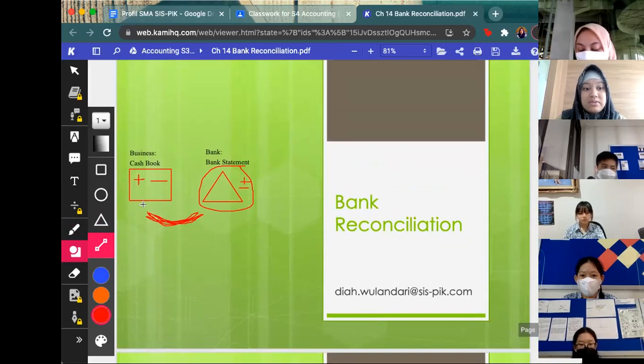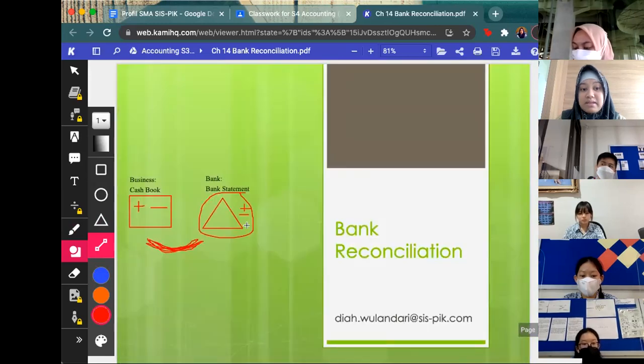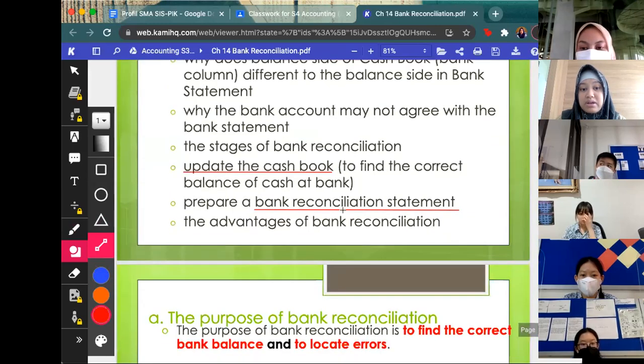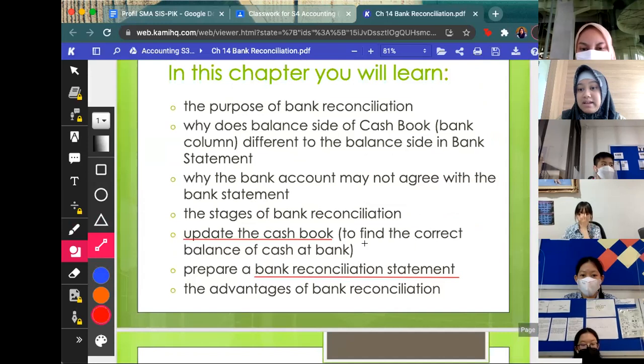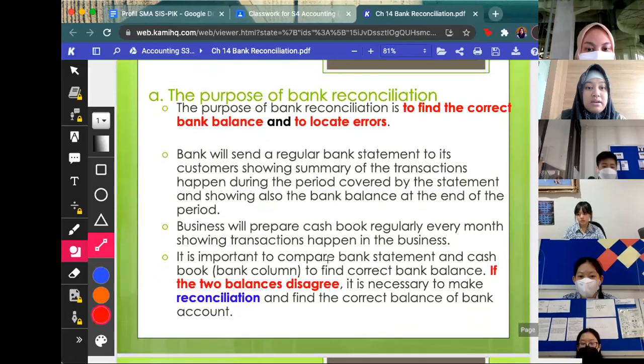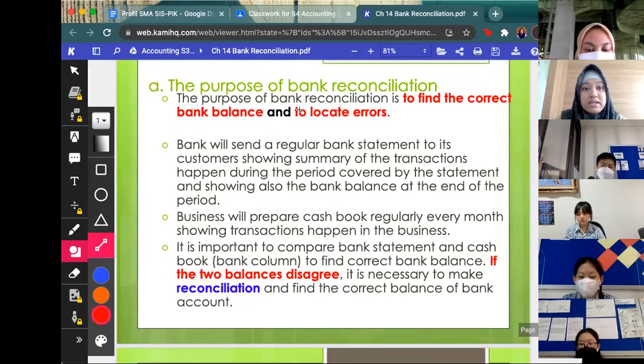Cash book correction is called updated cash book. Meanwhile, bank statement correction is called bank reconciliation statement. Clear? Any question?